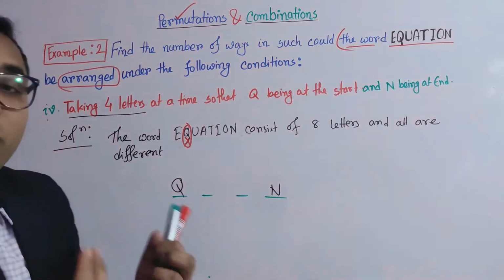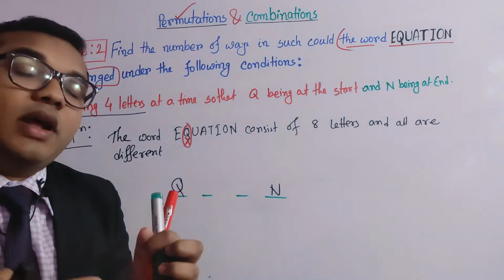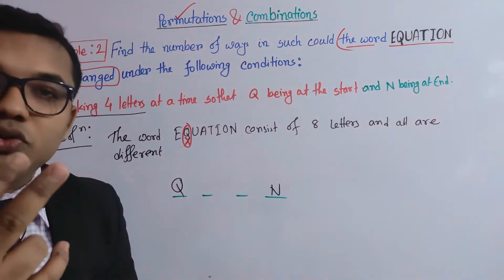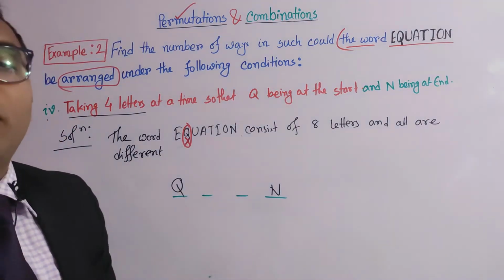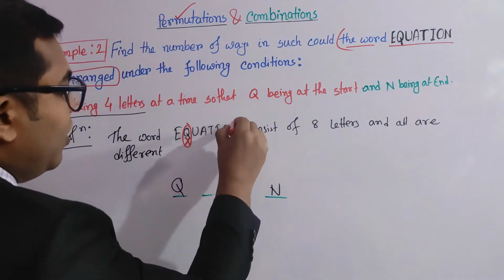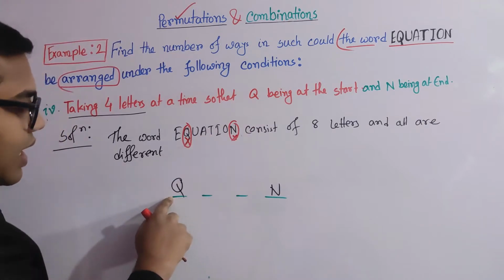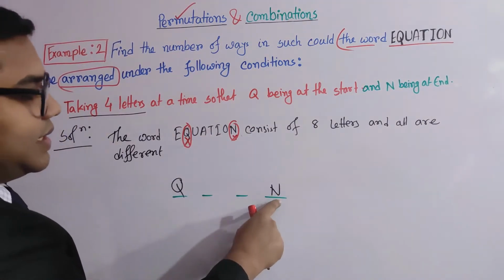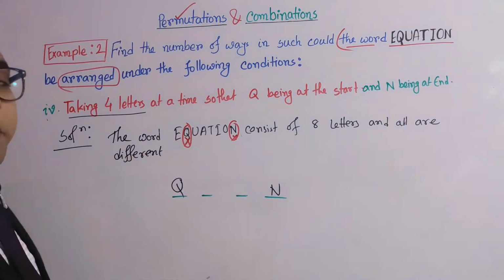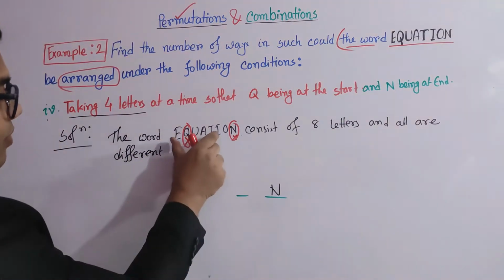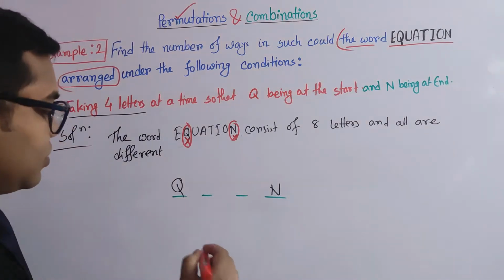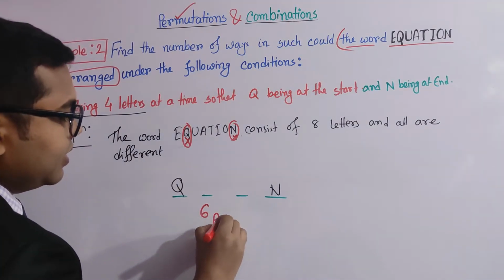So for how many places do we have to work? We have to work for only 2 places. And how many options do we have? We have already reduced 2 options, because Q came first and N has come last. So we have 6 options, and from these 6 options we have to choose 2. So the answer should be 6P2.